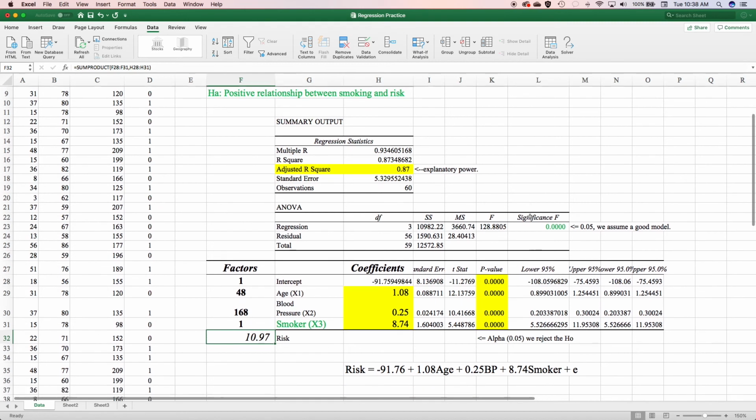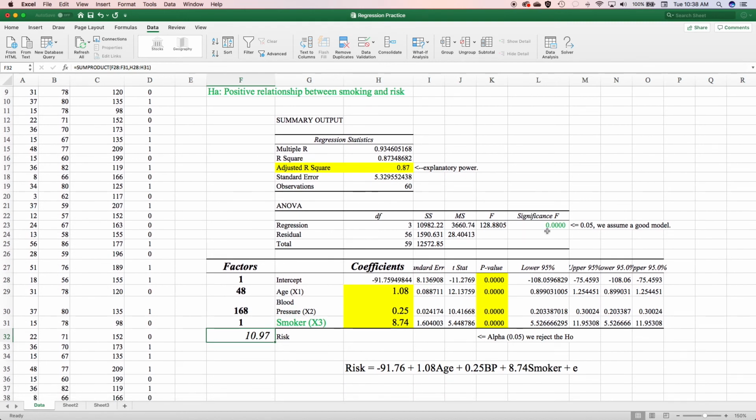Step 3, take a look at the significant F, and if it is less than your a priori or before the fact alpha, then you know you have a good model. So here, this number is less than 0.05, so we assume a good model. Then we take a look at our explanatory power and see that we have 87% explanatory power, meaning that age, blood pressure, and smoker have a significant impact on your stroke risk.